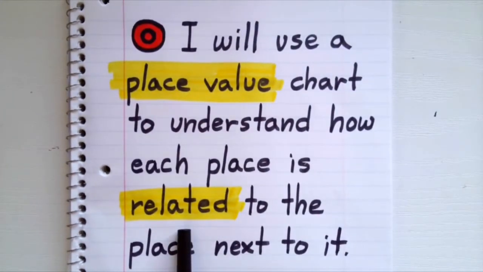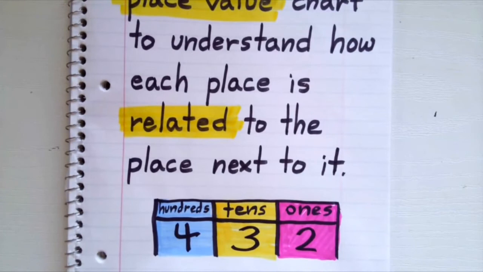What about the word related? Perhaps you've heard your family referred to as your relatives. Related is how something interacts with something else. What do these numbers have to do with each other? How are they the same and how are they different?